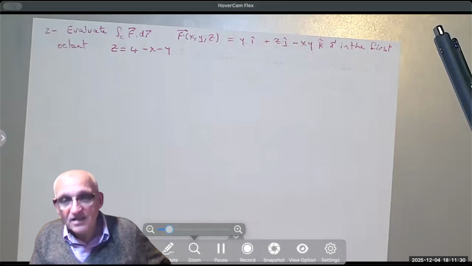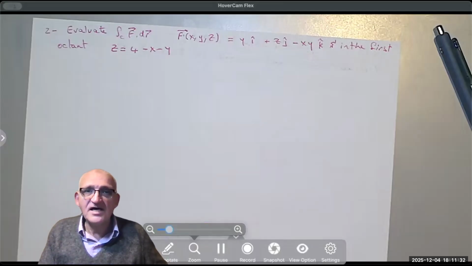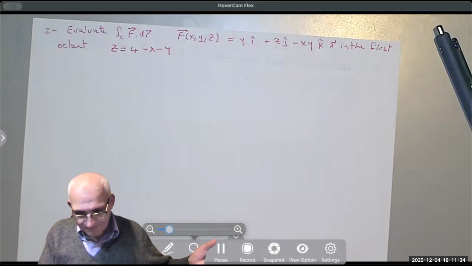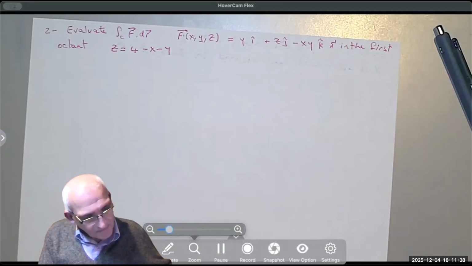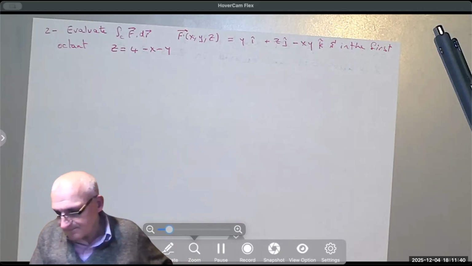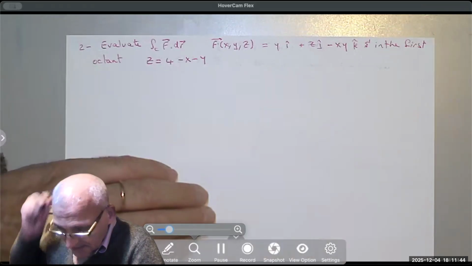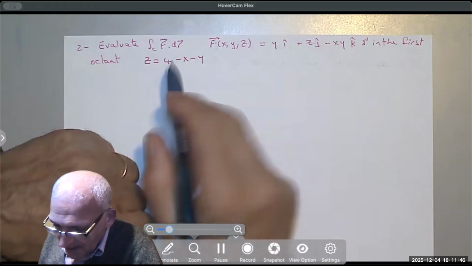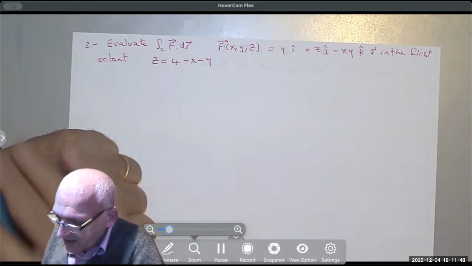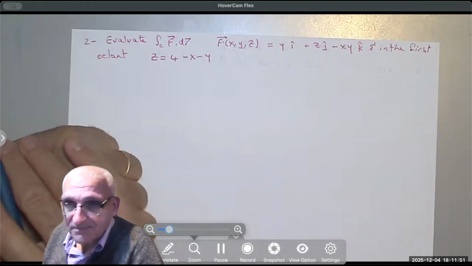And S here, we are in the first octant, meaning x, y, and z are positive. Did I write it correctly? They tell you it's in the first octant, and z equals 4 minus x minus y.